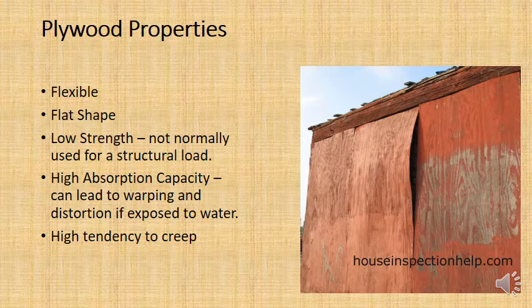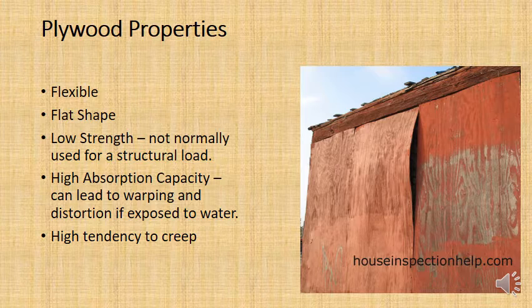Now, what you need to remember though is that plywood is very low strength, and that's because the glue is not particularly strong, and the veneers are in opposite directions, so only half the grain is going to be in the direction of the load.